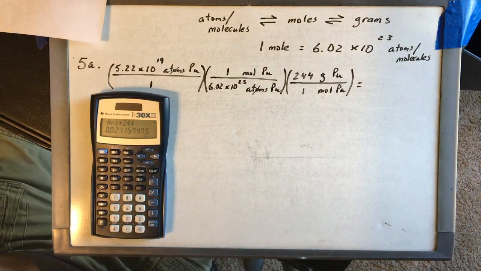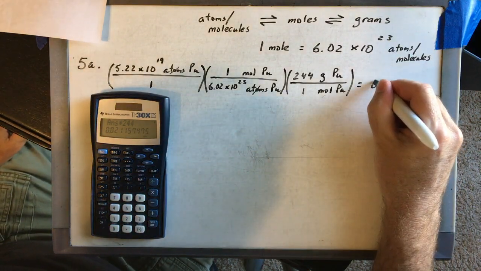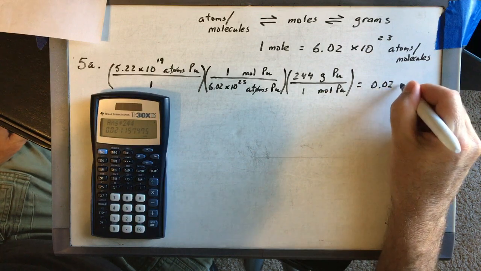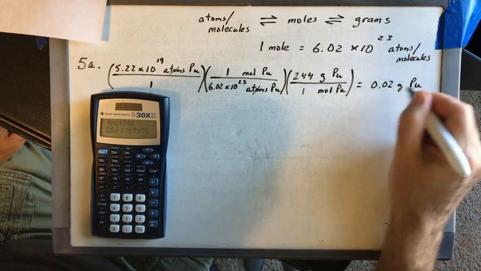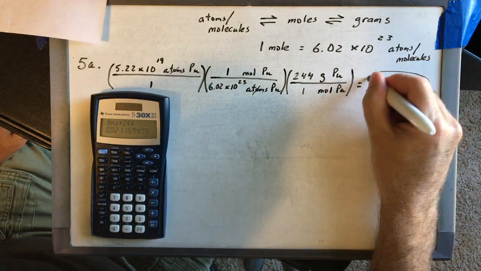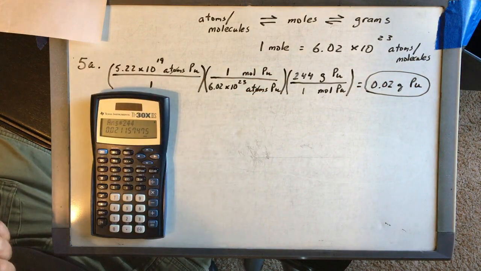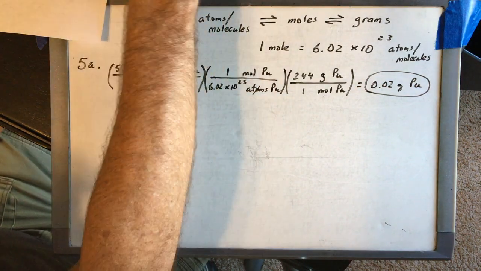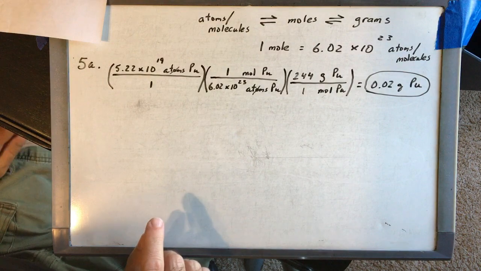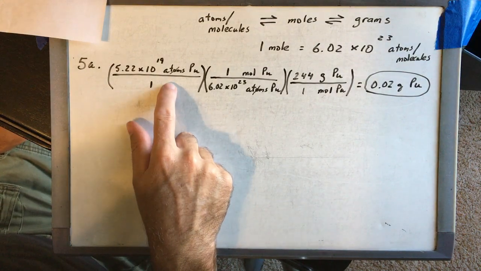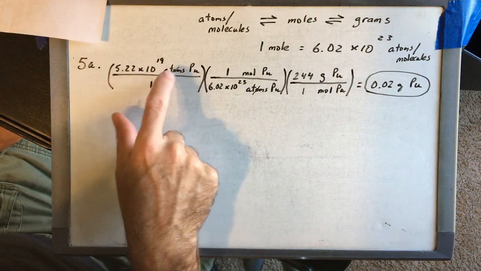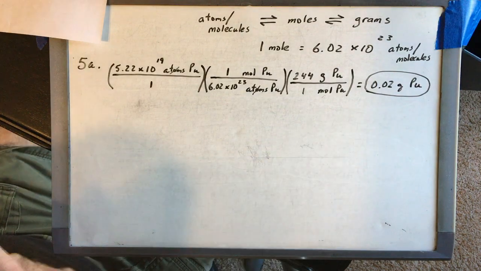So that is 0.02 grams of plutonium. All right, so that's a lot of atoms, 5.22 times 10 to the 19th, but atoms are really small, so even a large number like that doesn't weigh very much.